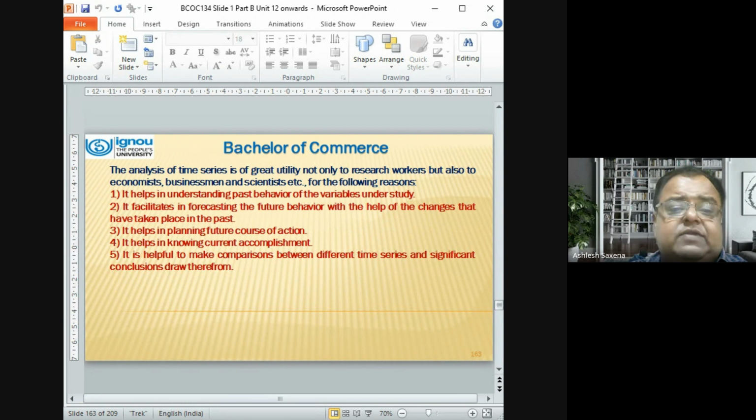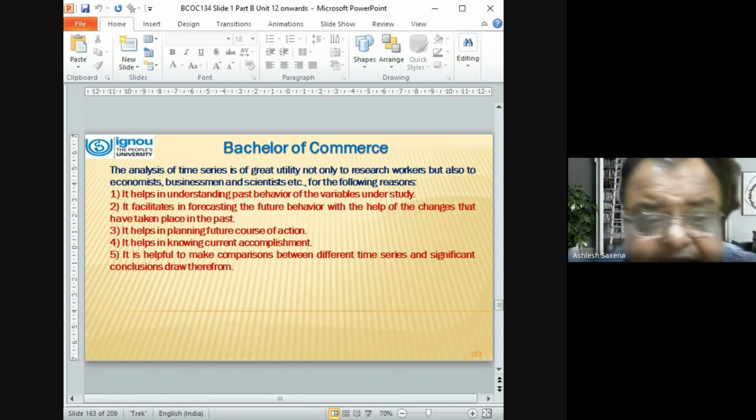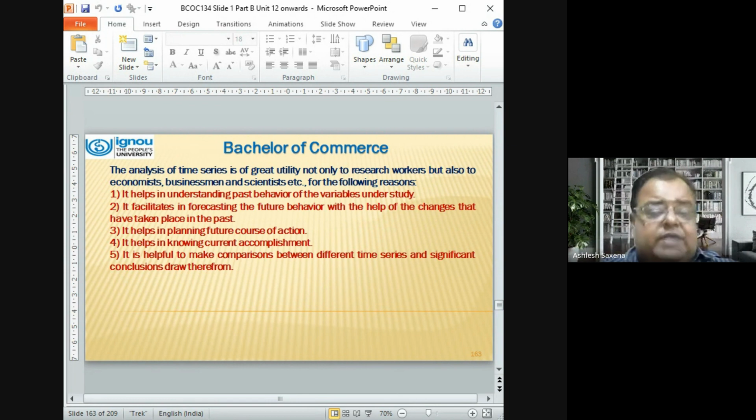The analysis of time series is of great utility not only to research workers but also to economists, businessmen, and scientists, etc., for the following reasons. Number one, it helps in understanding past behavior of the variables under the study. Number two, it facilitates in forecasting the future behavior with the help of changes that have taken place in the past.